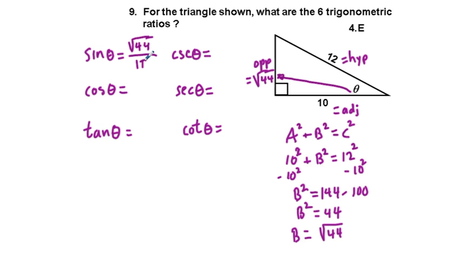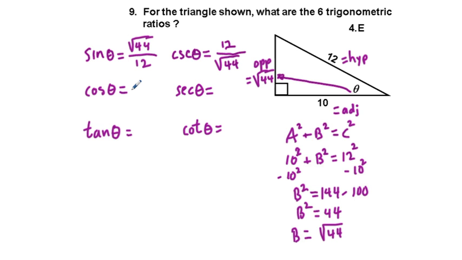And our reciprocal is going to be cosecant, so we're going to have 12 over square root of 44.